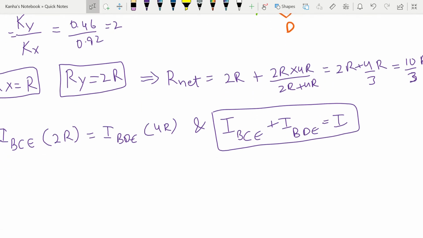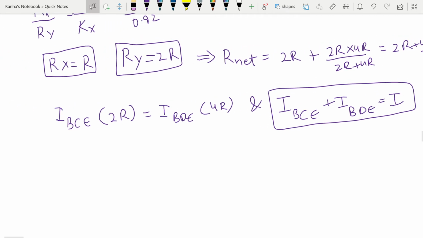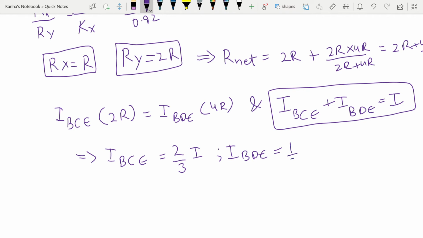This is the heat current that is there in the system. So using this I can easily write that I_BCE is equal to 2 by 3 I and I_BDE is equal to 1 by 3 into I.